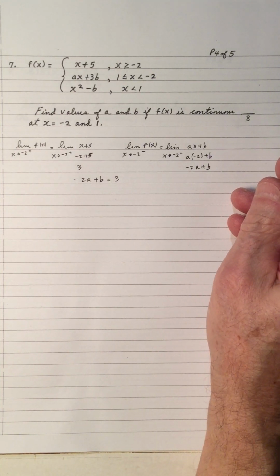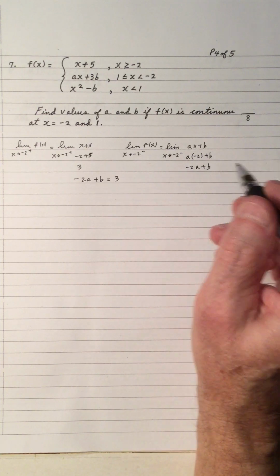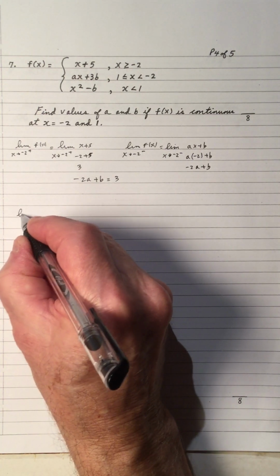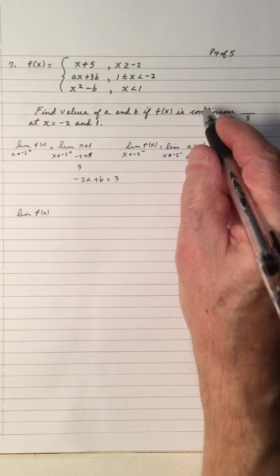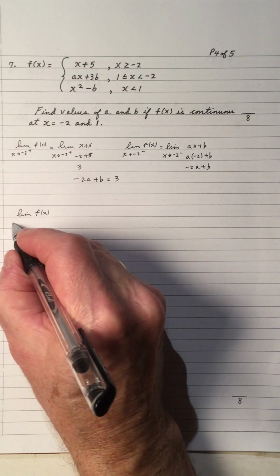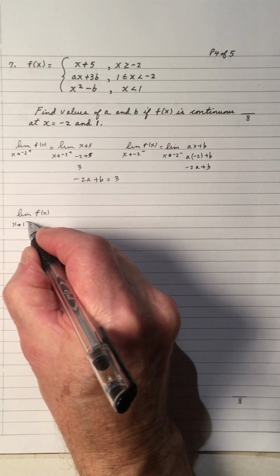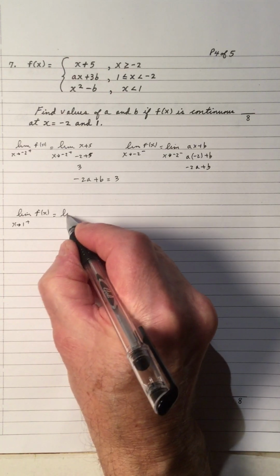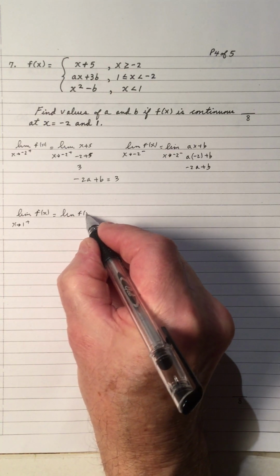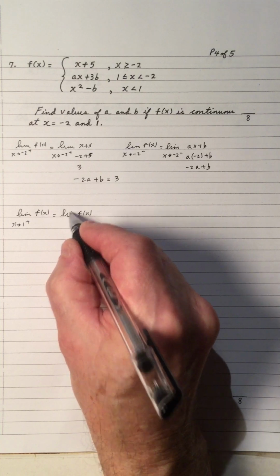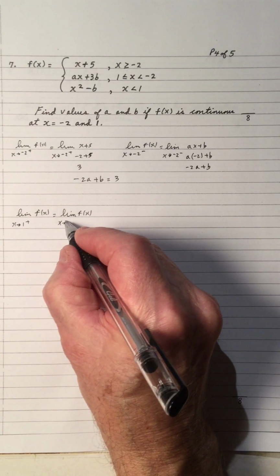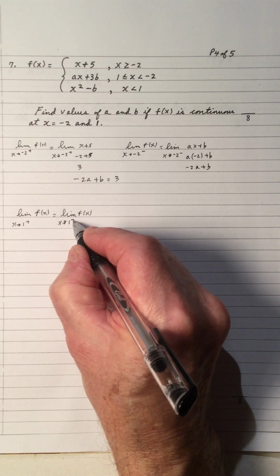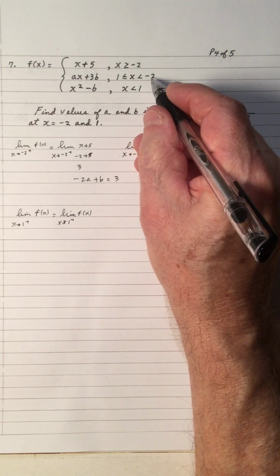So we have an equation in terms of a and b, so now we do the continuity again, continuous at 1. So x is approaching 1 on the right side. The limit of f of x as x approaches 1 on the right side.